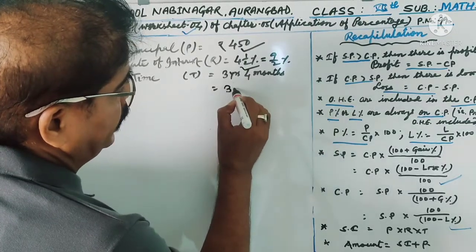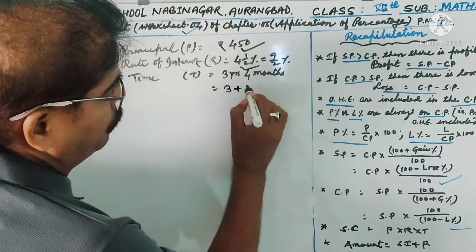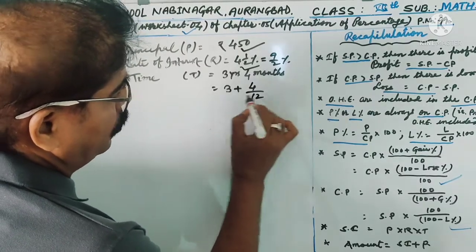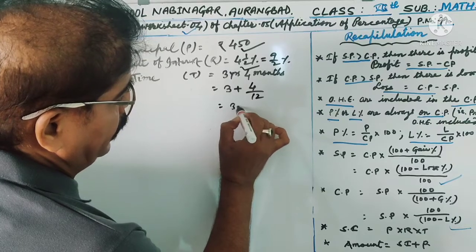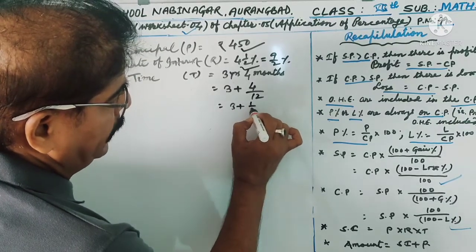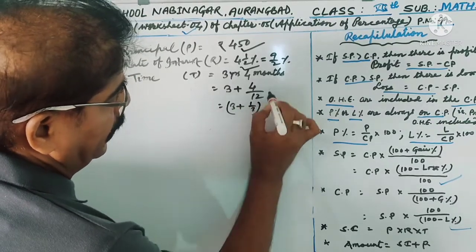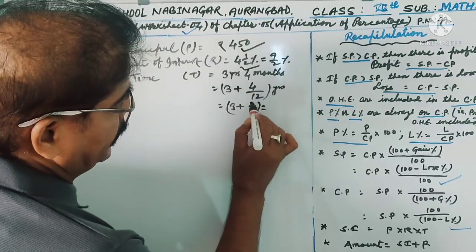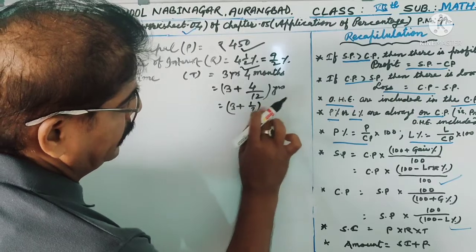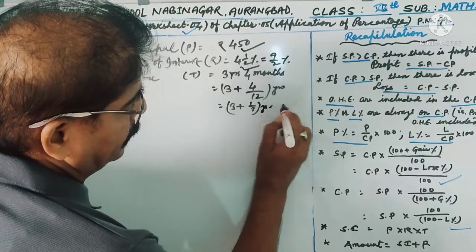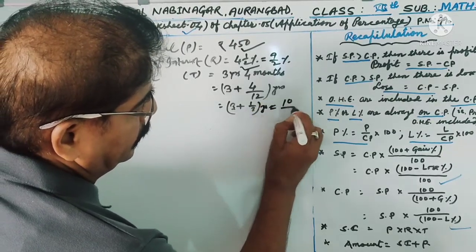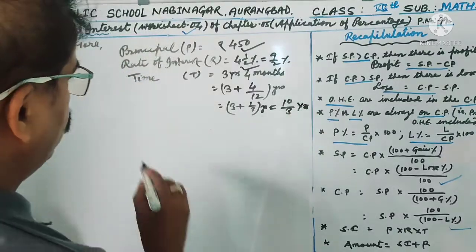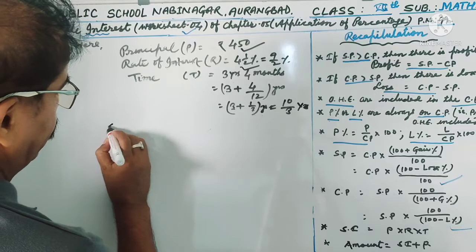So 3 years plus 4 months, 4 months you divide by 12, so 3 plus 1 by 3, that is 10 by 3 years.